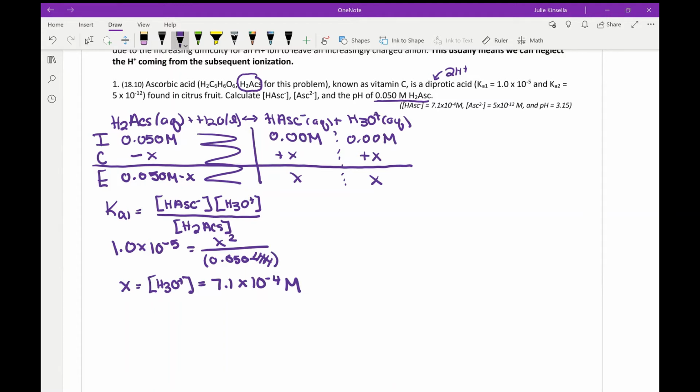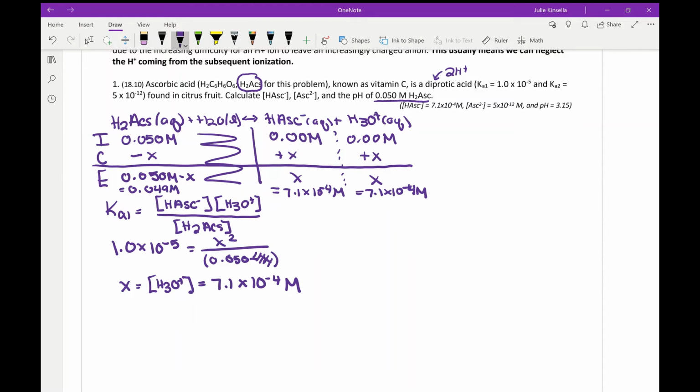Okay, which then we're going to come back up here, and for this one, when you actually plug in that minus x, you will get 0.049.